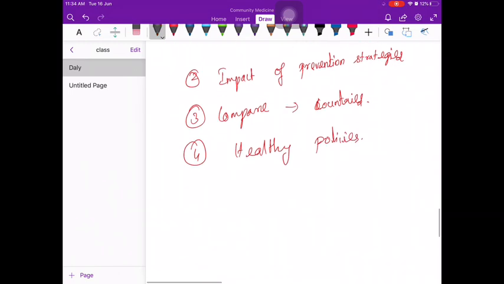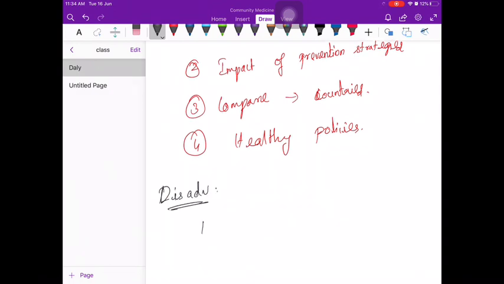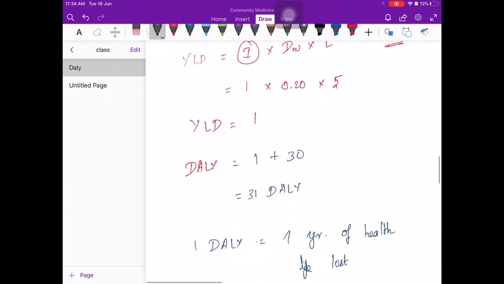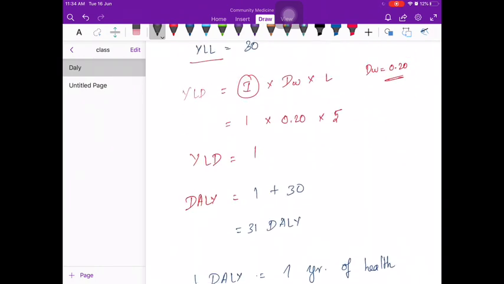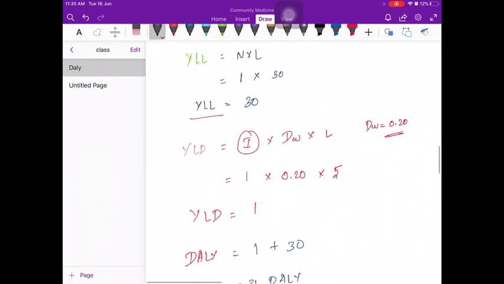And coming to the limitations of DALY, as we saw in the formula, DALY is calculated by adding YLL plus YLD, where YLD needs the value of incidence of the disease in the population. During this calculation, there may be subclinical cases which we have missed in the calculation.